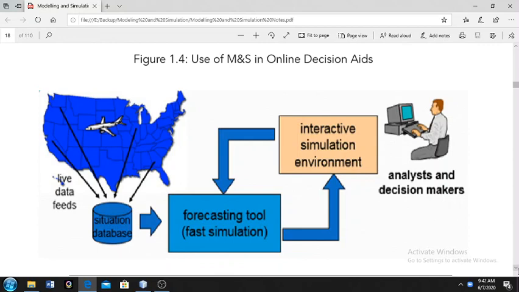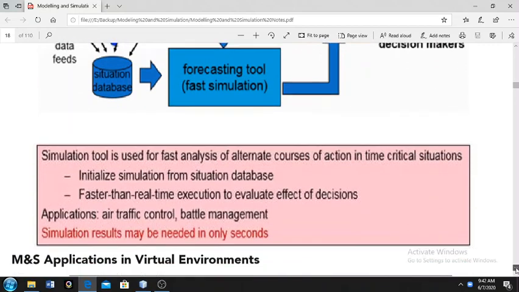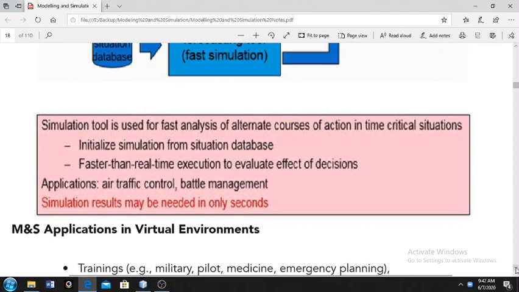Modeling and simulation can be very important in risky situations, like training pilots, earthquakes, and battlefields.